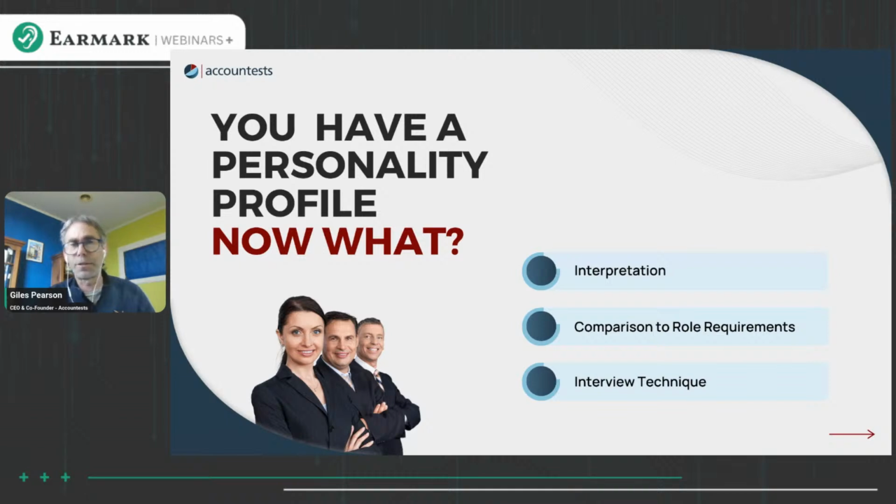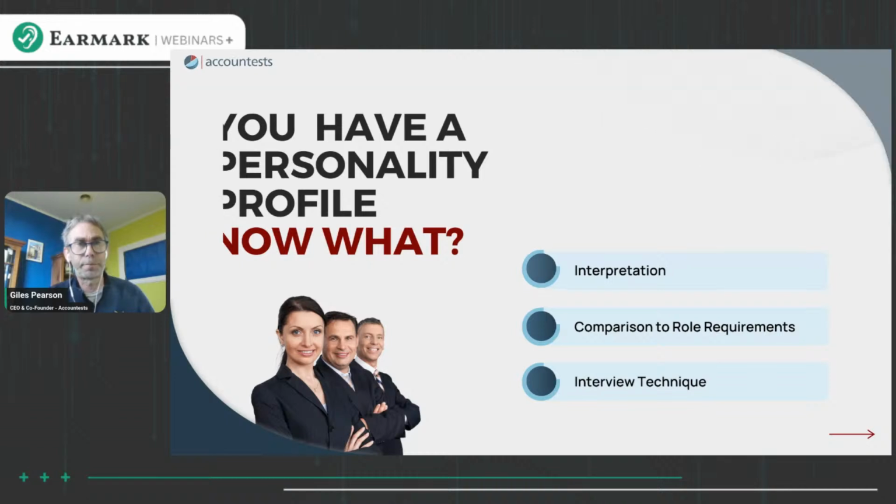The days of spending 55 minutes grilling the candidate and then saying, "Have you got any questions for us?" don't expect to hire too many candidates if that's the way that you interview. So the tables are turned, and the candidates have certainly an equal power, if not more power. So your interviews need to reflect that, and you need to be really good with the time that you've got in that interview.